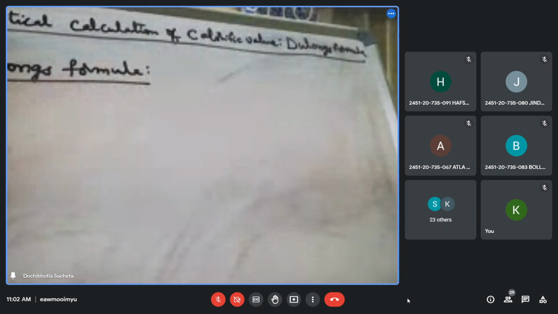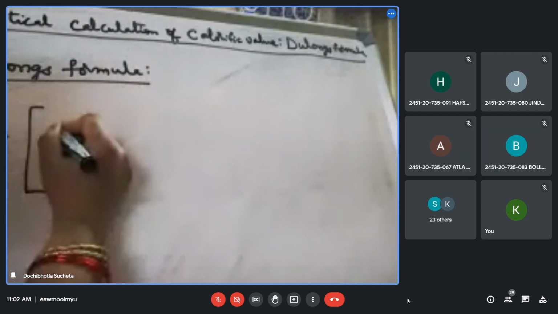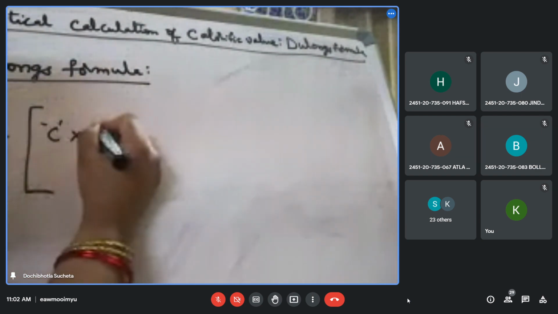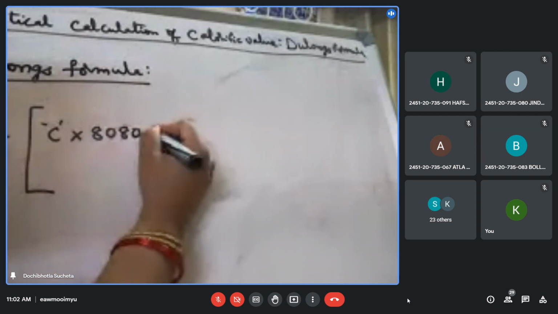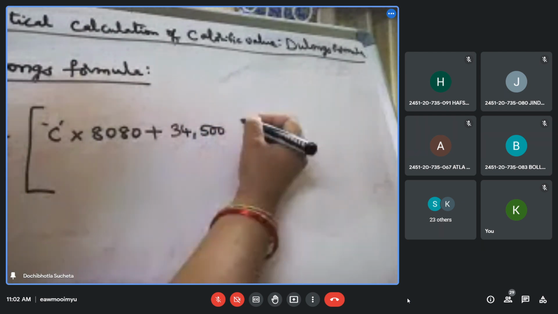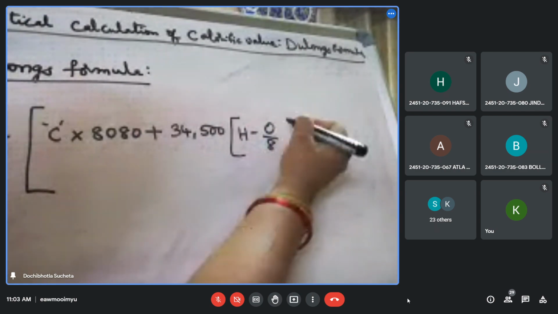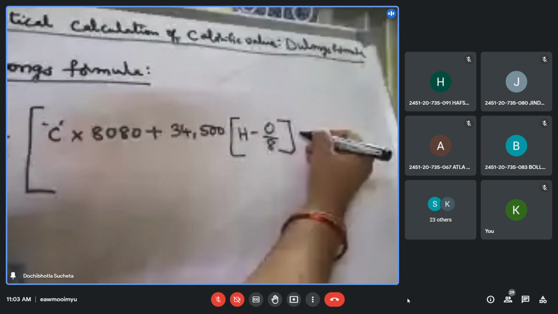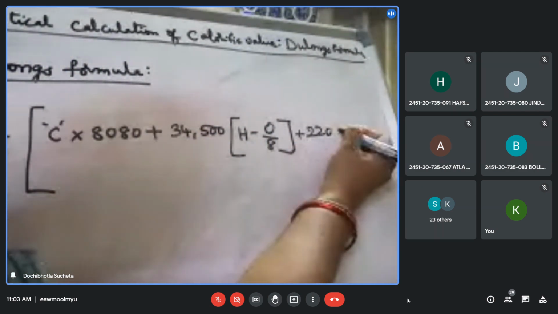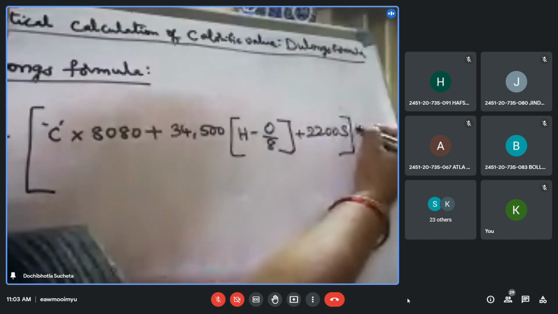HCV or GCV is equal to 1 by 100 into [C into 8080 plus 34,500 into (H minus O by 8) plus 2200 S] kilocals per kg.